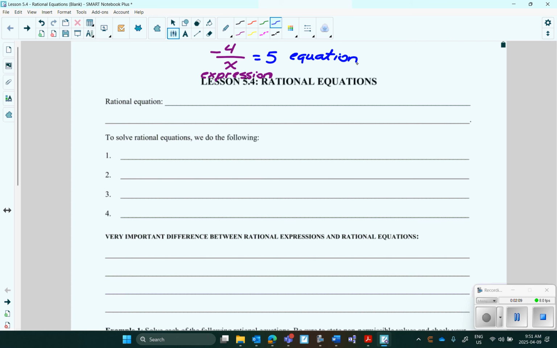So if this wasn't here, and if I told you, well, we can't simplify this, we can't reduce it, there's no fractions to add or subtract or multiply or divide. The only thing I could do is evaluate it, but in order to evaluate it, I have to tell you what x is, right? So what if x is 2?